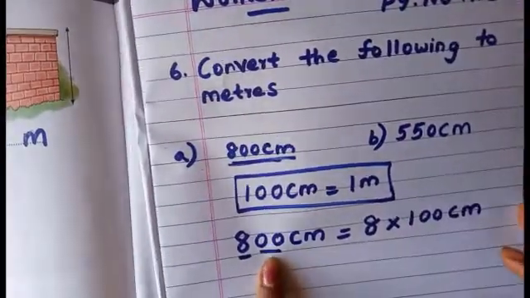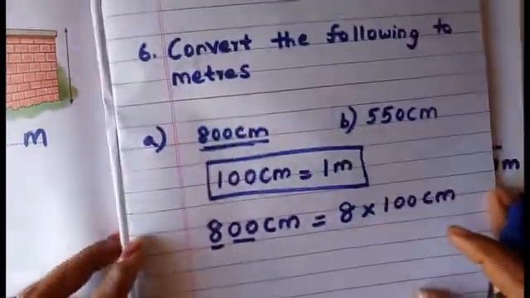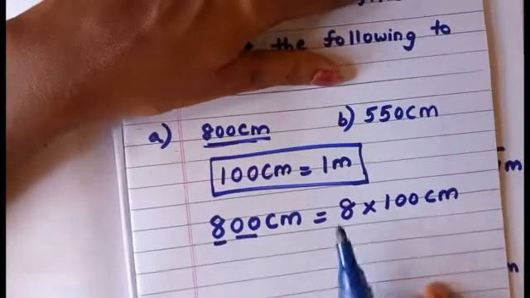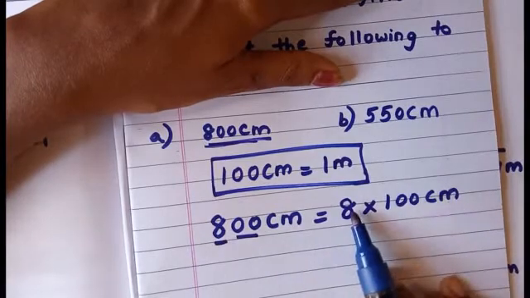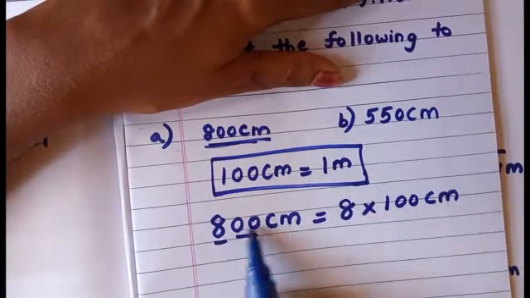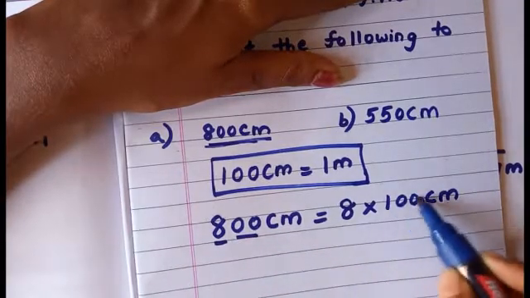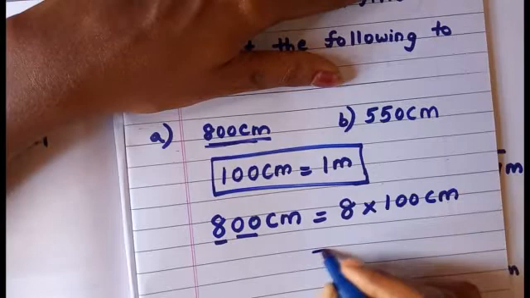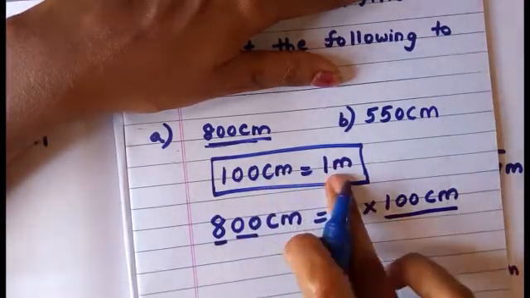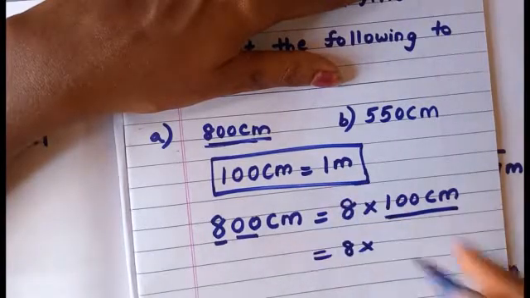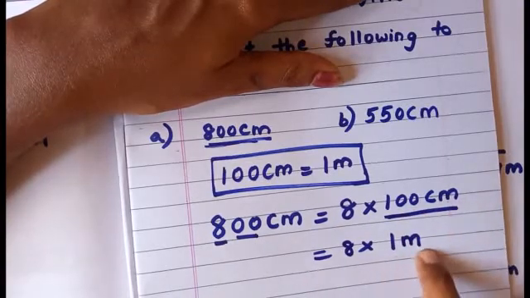If it is 800, 700, 600, like that, first you write the given number here, into 100 centimeters. Then 8 into, already you know 100 centimeters equal to how many meters? 1 meter. So you write 1 meter here.